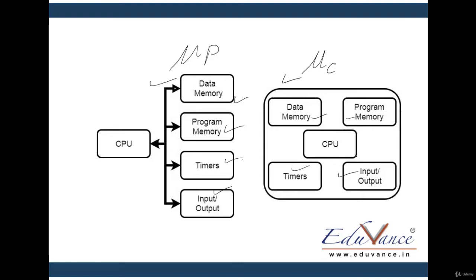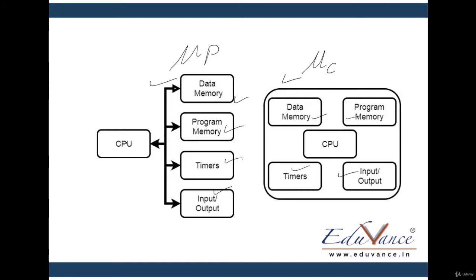So microprocessors are much more versatile, in the sense you can decide what your data memory is, how much program memory you want, or what timers or peripherals you want to control. In the case of microcontroller, that versatility is missing. The IC manufacturer will himself give you a fixed amount of data memory, program memory, CPU, timers, input and output.